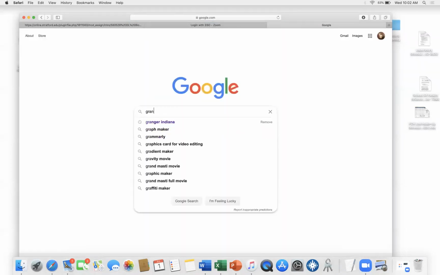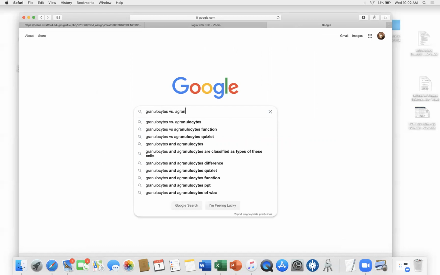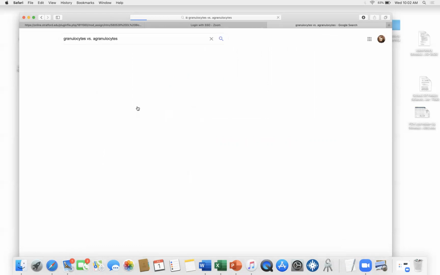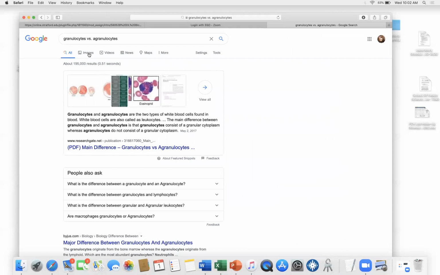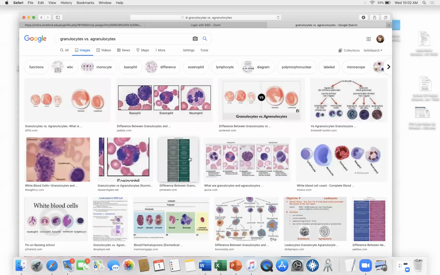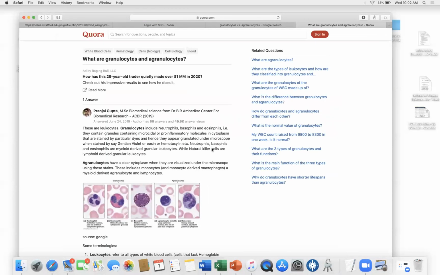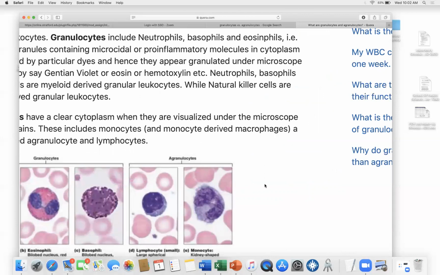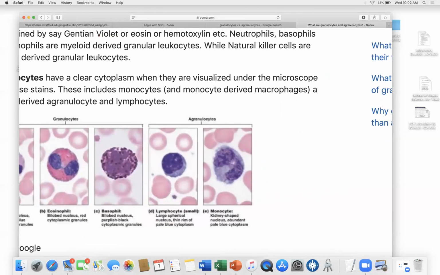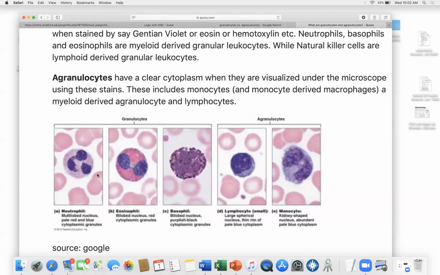Let me show you a picture. So if you look at this, wow, it got smaller, seriously? Okay. If you look at the cytoplasm of the granulocytes, there's a whole bunch of lysosomes in it.